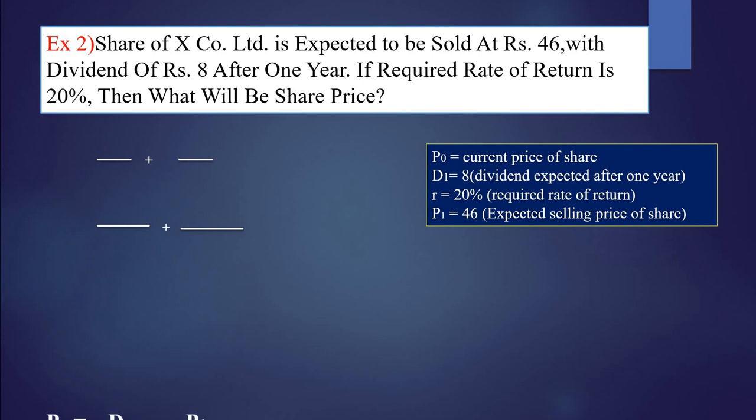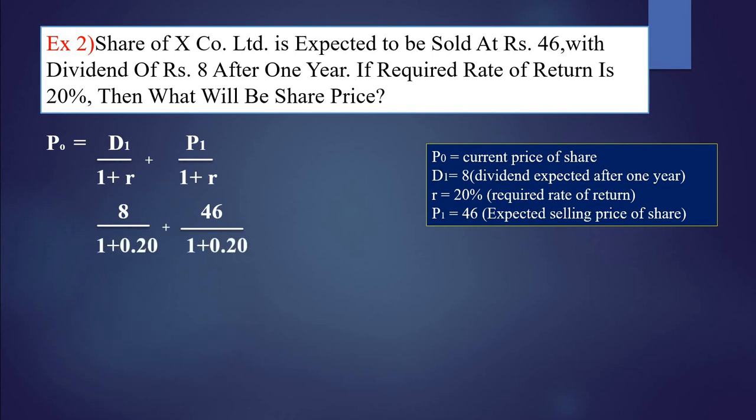So what is the formula? P naught is equal to D1 divided by 1 plus R plus P1 divided by 1 plus R. Now we will substitute the values. D1 is the dividend 8. P1 is 46, that is the selling price.